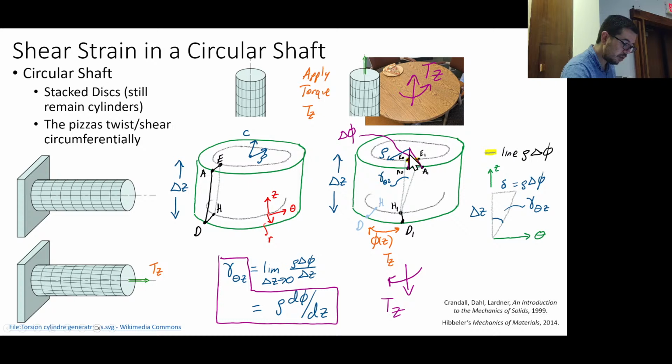The radius times that gives us this arc length, the highlighted yellow-grayish line. That arc length is rho delta phi. If I know that arc length and I know how high I went up, that's how we calculate the gamma. Any questions on that?